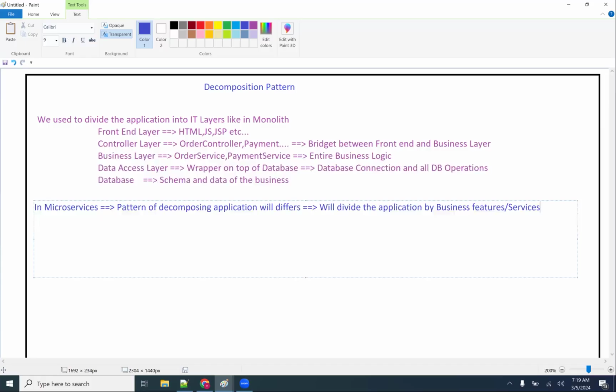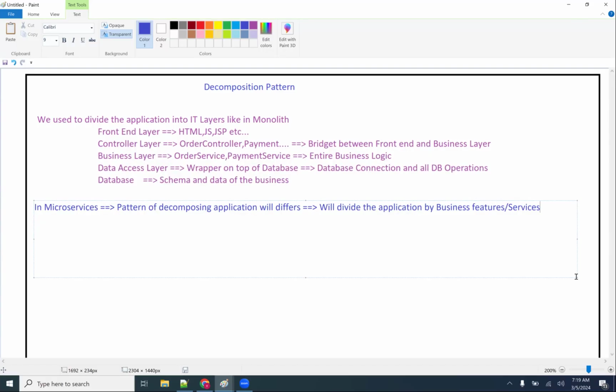So the main point here is the pattern of decomposing the application. We are dividing the application not by IT layers. IT layers means front end, controller, business logic, all those things we are not dividing. We will divide the application by business services.